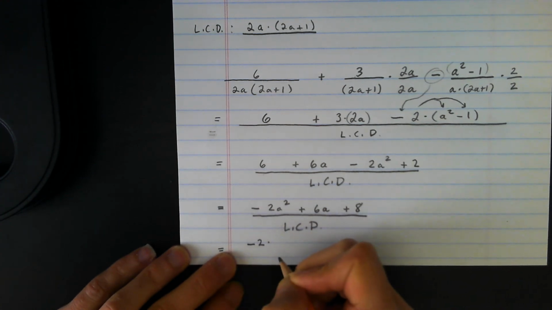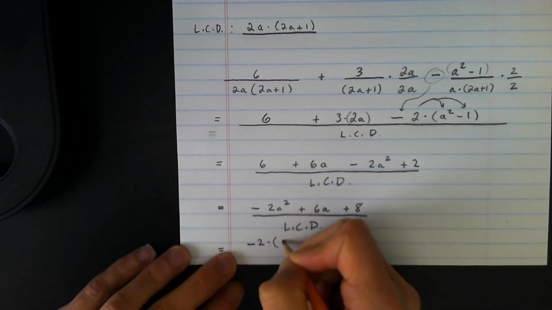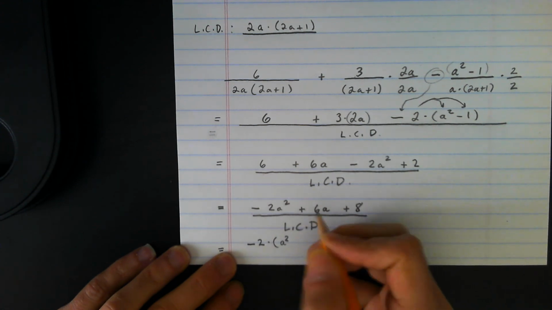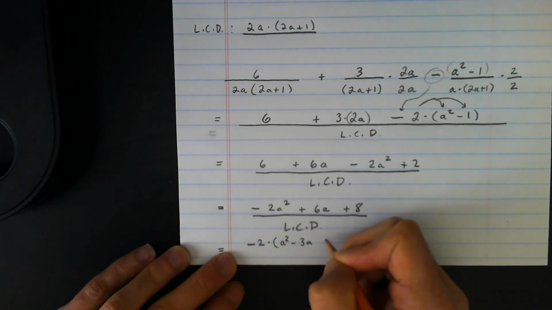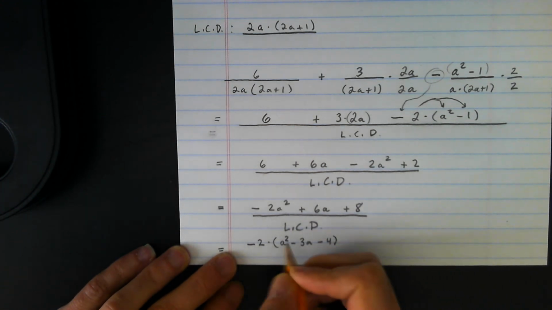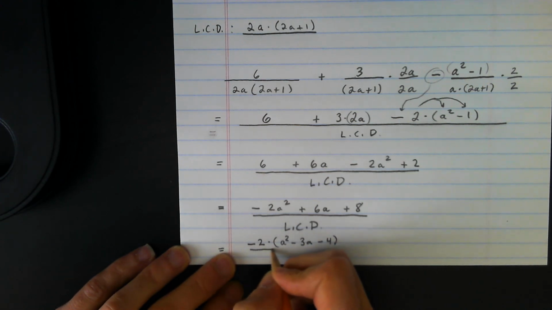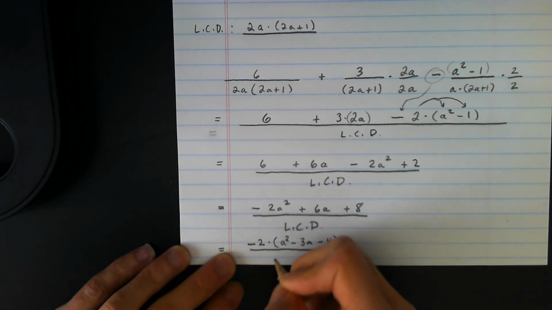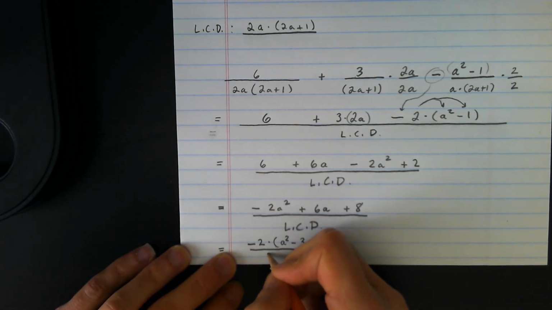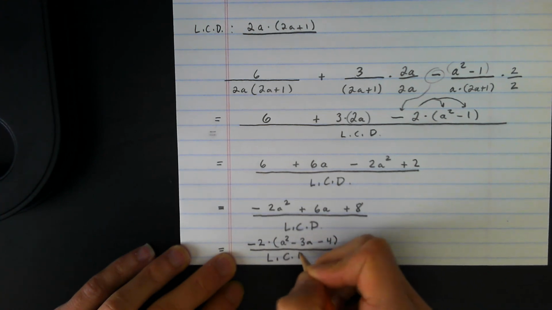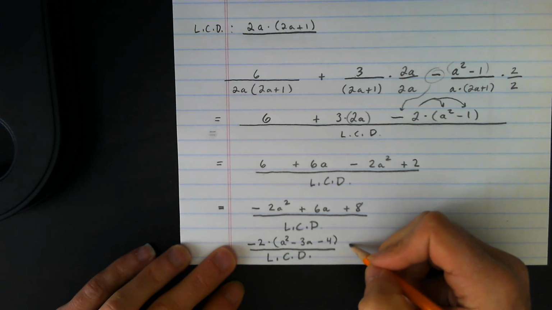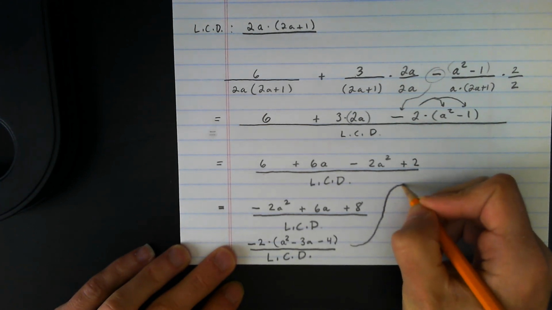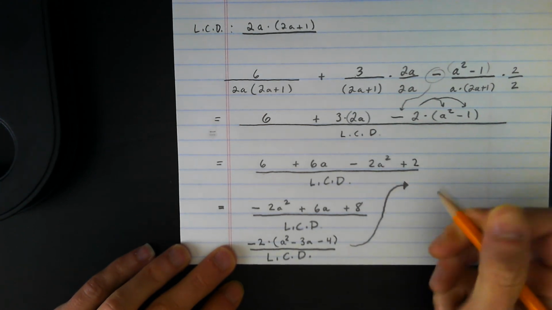So I've got a GCF of minus 2 here, and that leaves me with a squared minus 3a minus 4, and this is over our LCD. Trying to squeeze this all in on this one page. See, these questions require a lot of work. It's not difficult work, but it's a lot of writing.